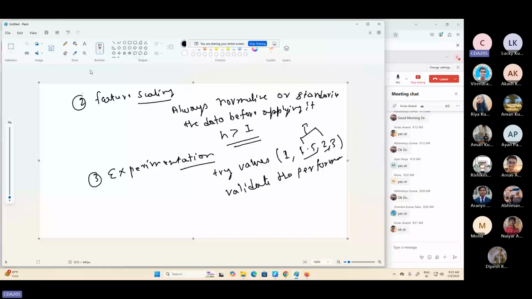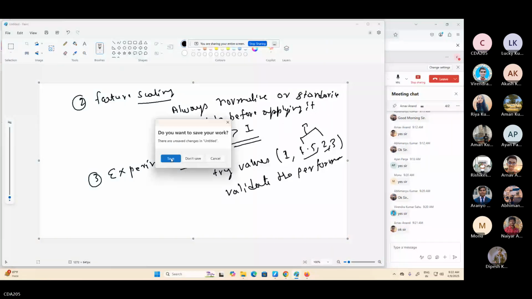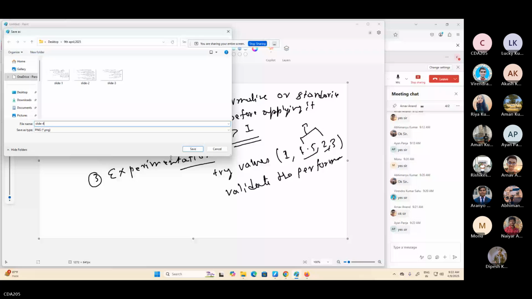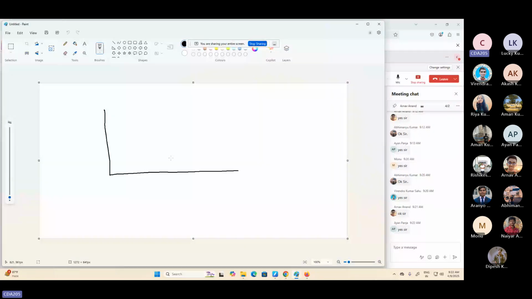Now we can see the graph between h and distance. As the h value increases, the distance will decrease.